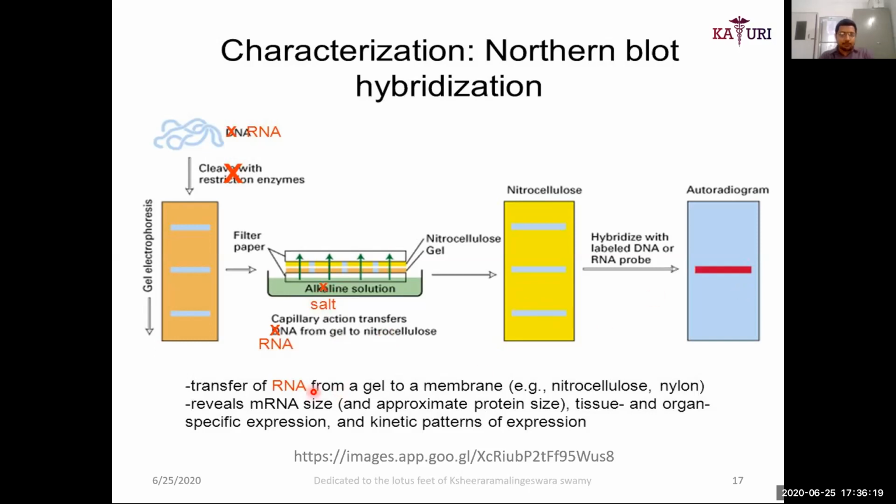So it reveals mRNA size, approximate protein size, and tissue and organ specific expression. Because if you want to see mRNA or microRNA expression in a specific tissue, for example, a liver cell expresses this microRNA and not the pancreatic cell, so I take liver tissue and try to find out whether that microRNA is present in liver tissue or not.